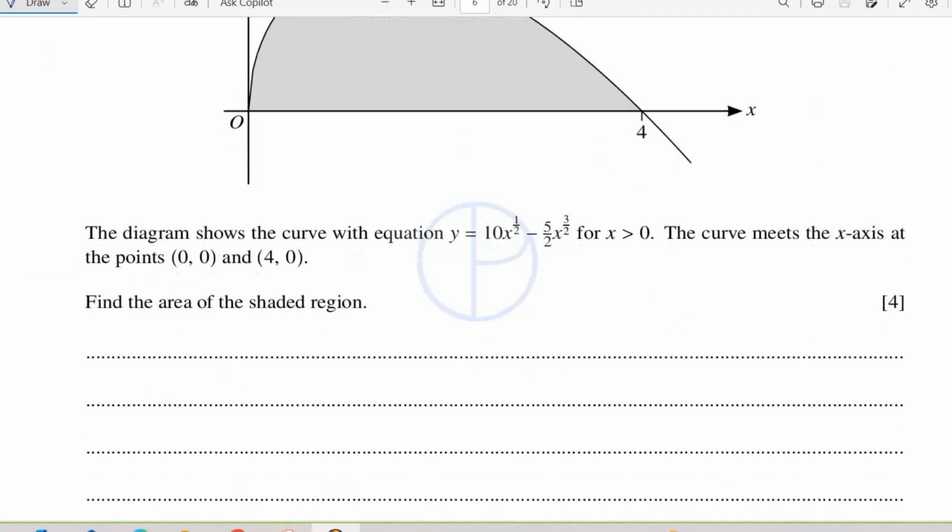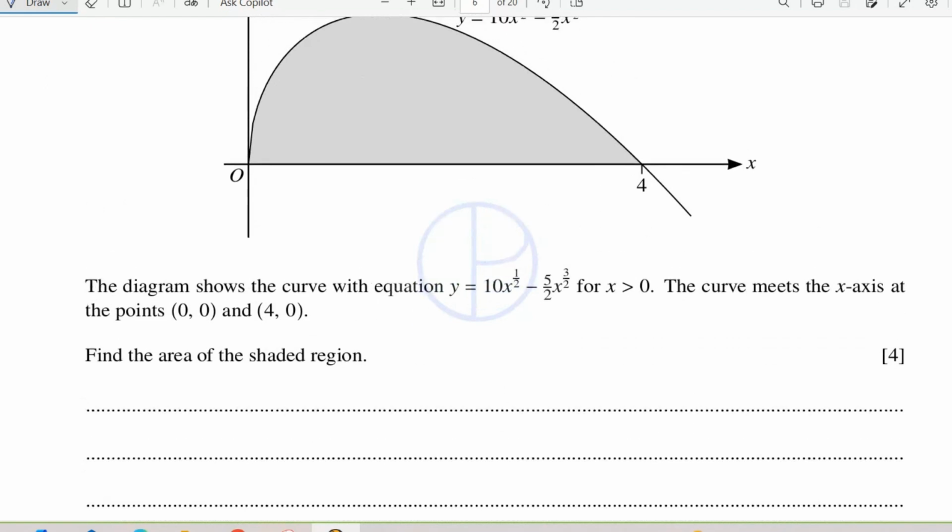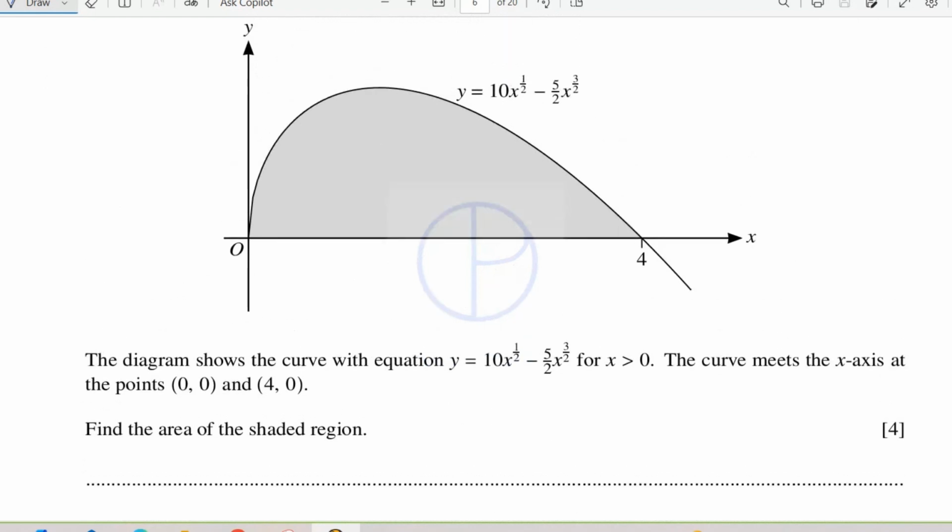Question number 5. The diagram shows the curve with equation y is equal to 10x power 1 over 2 minus 5 over 2 x power 3 over 2 for x greater than 0. The curve meets the x-axis at the points 0, 0 and 4, 0. Find the area of the shaded region. The area under the curve is integral a to b y dx.